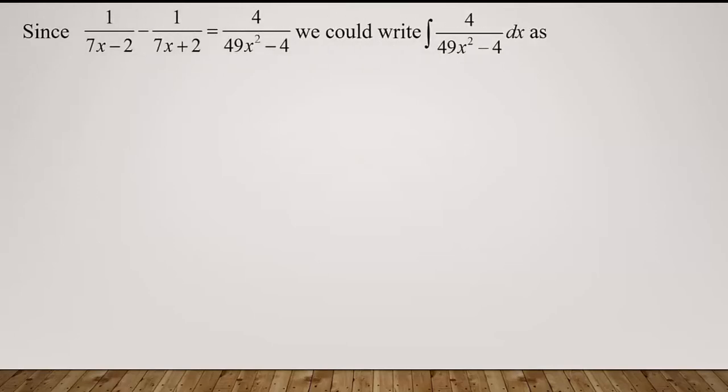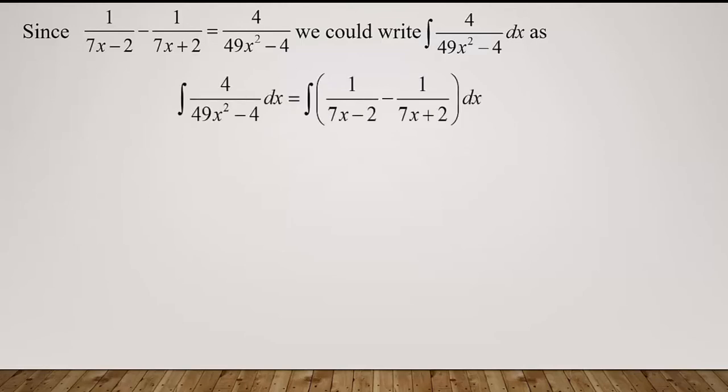Since we know 1 over 7x minus 2 minus 1 over 7x plus 2 is equal to 4 over 49x squared minus 4, we could write that integral that took a lot of work for us to do. That integral of 4 over 49x squared minus 4 dx. We could rewrite it like that.